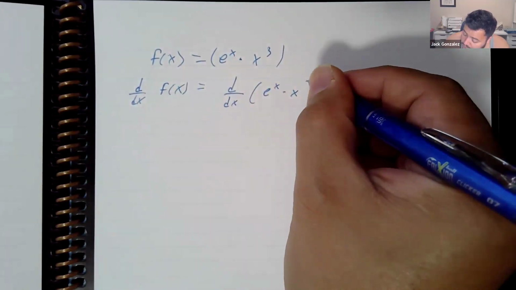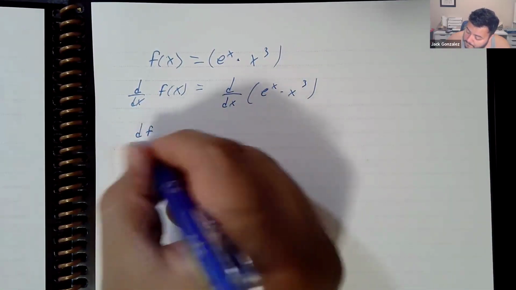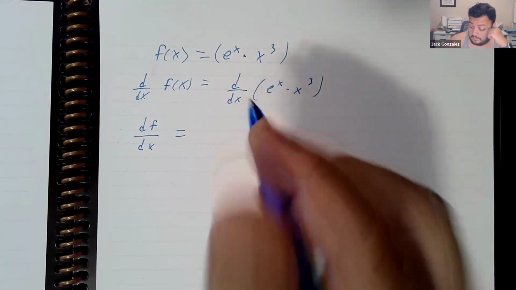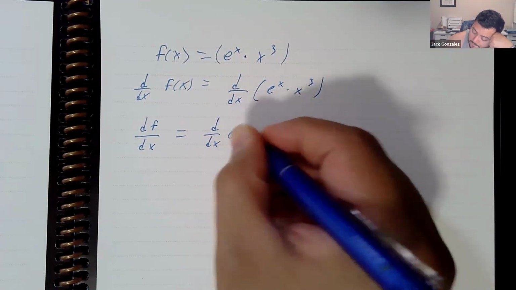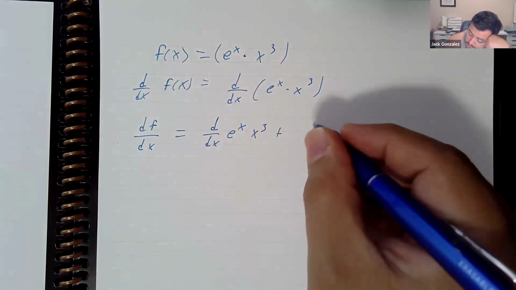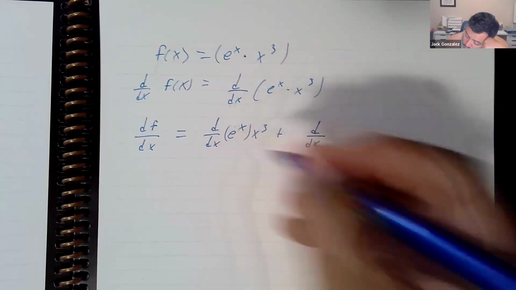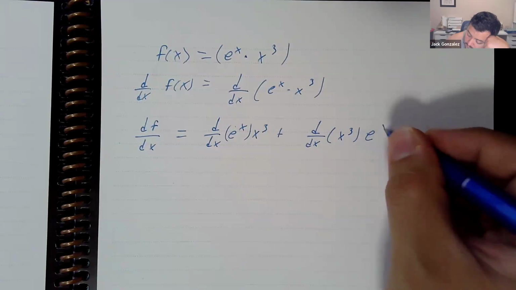But the product rule says you have to do the derivative of the first part times the second part, plus the derivative of the second part times the first part.